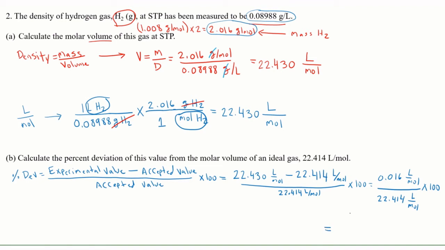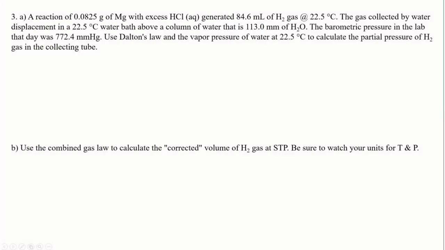You will get another long number. I'm going to only keep two significant figures, so the answer will be 0.071%. So this here is a positive error indicating that my experimental value is above the accepted value.